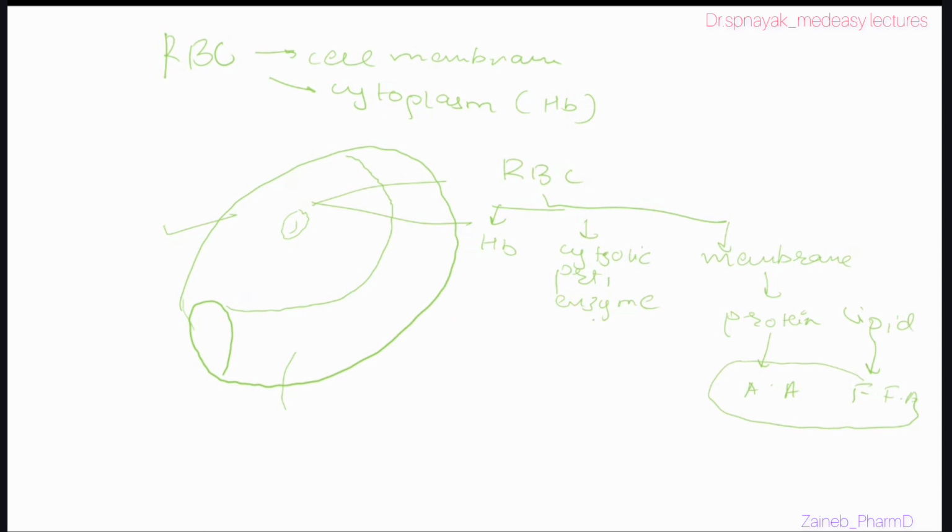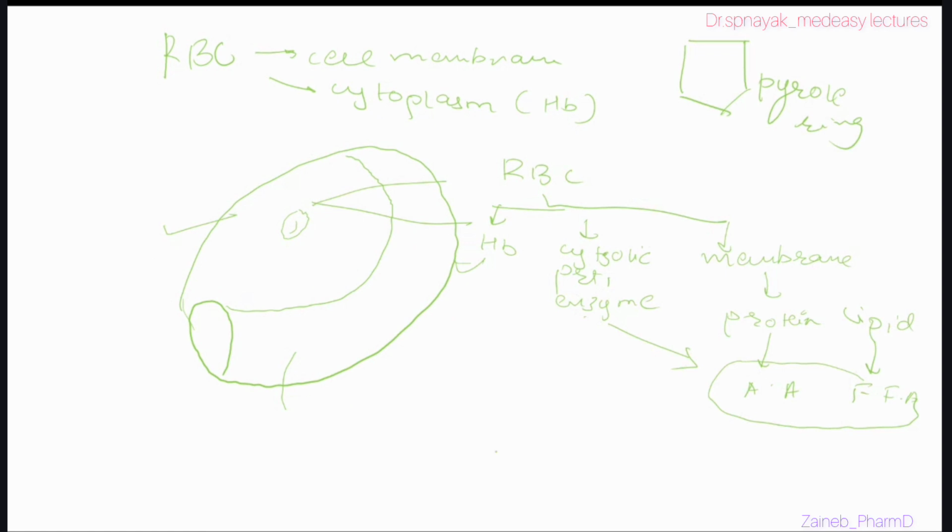Then we are left with two components, that is hemoglobin and the cytosolic protein and enzyme. This again gets broken down into amino acids. Then we are left with the hemoglobin. Now the structure of the hemoglobin is made up of the pyrrole ring. Say this is the pyrrole ring.